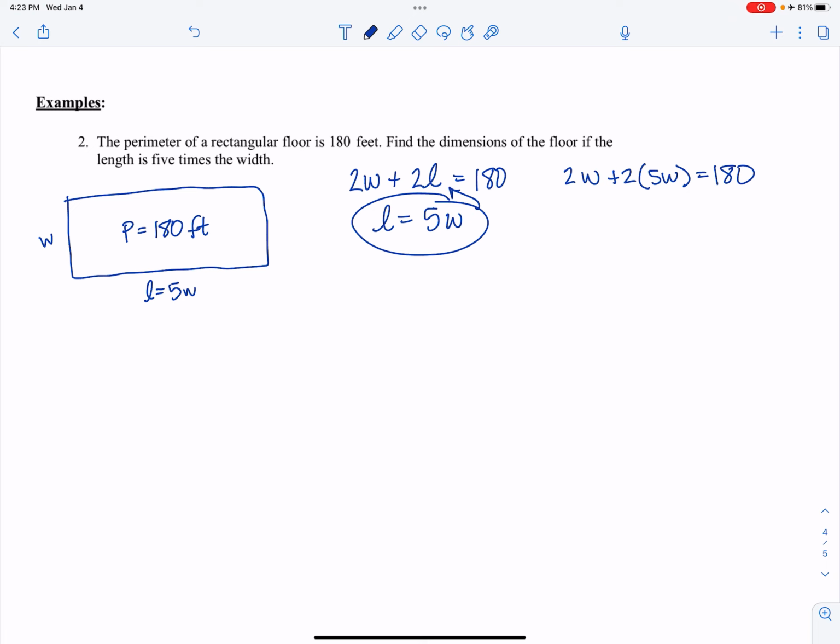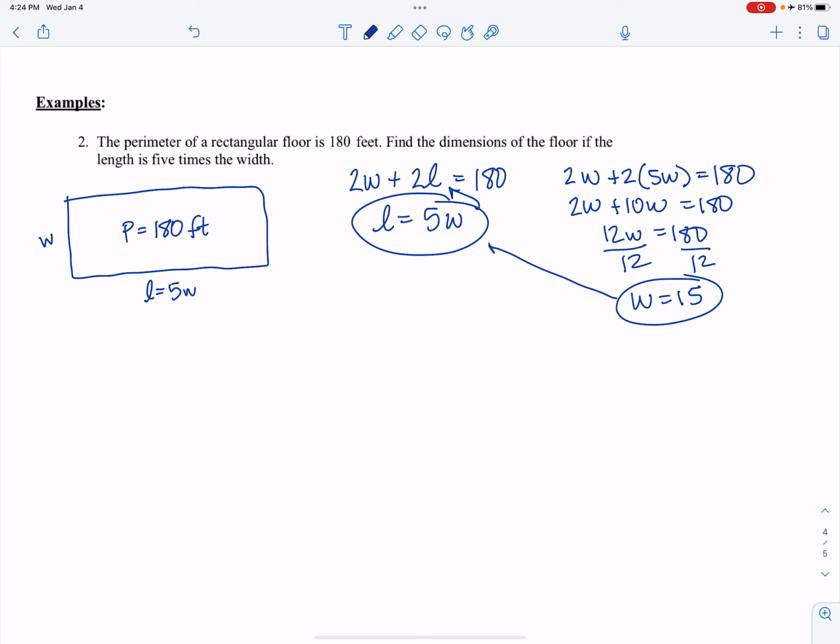So we have 2W plus 10W, which is 12W. And if we divide by 12, W is 15. And we can just find out what the L is now. L is 5 times 15, so L is 75.